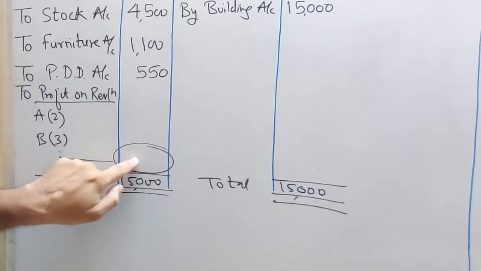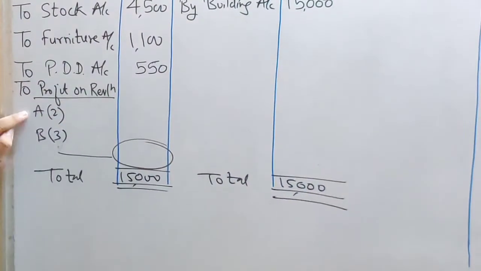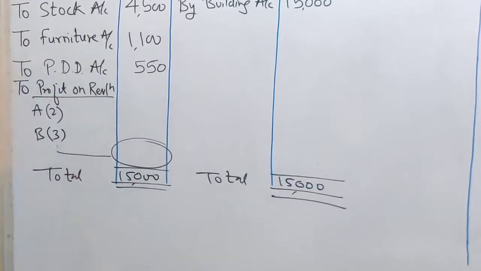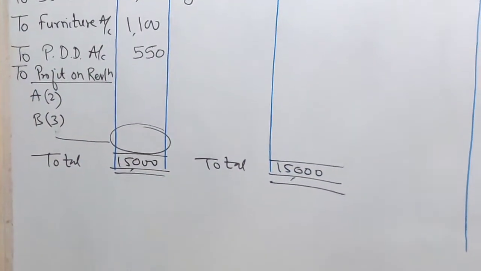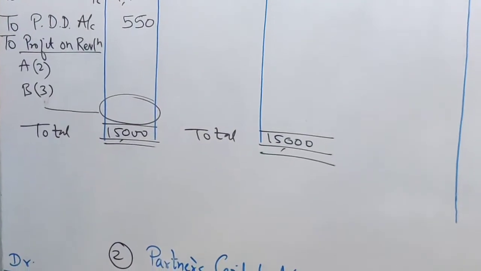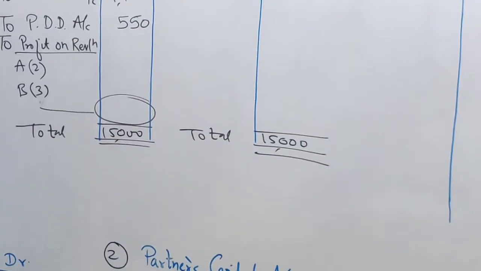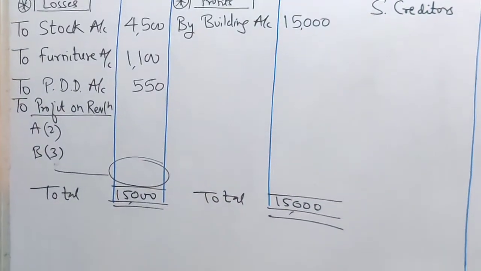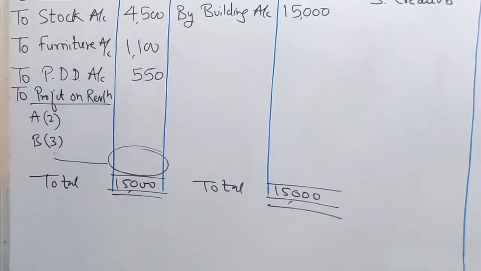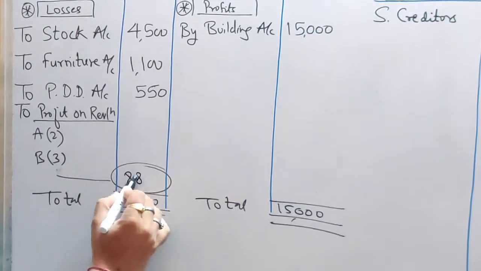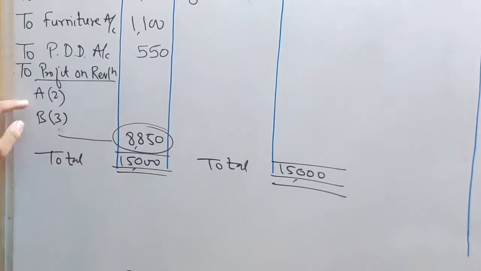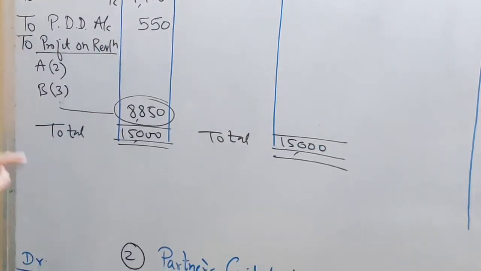So you will divide this balance amount between A and B in the old ratio 2:3. Let's see what balance we will get here. 15,000 minus 4,500 minus 1,100 minus 550. So you are getting a balancing amount of 8850. Now you divide among the old partners in the old ratio, that is 2:3.